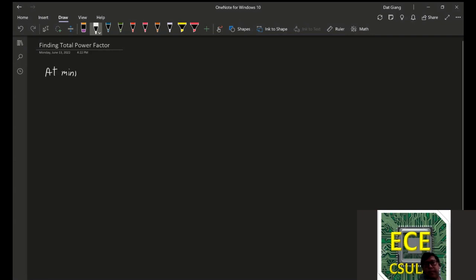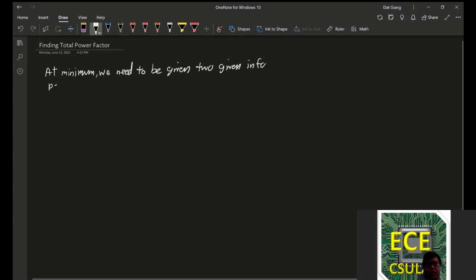At minimum, we need to be given information per impedance. Plus, total power factor is not the same as power factor 1 plus power factor 2 plus so on and so forth.